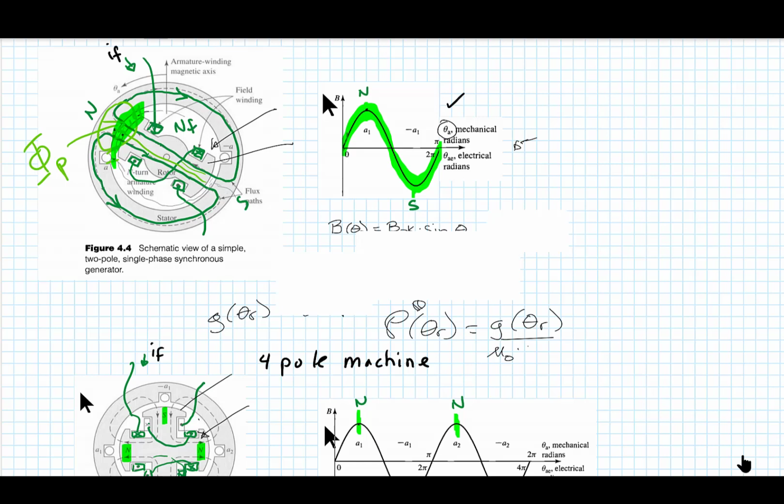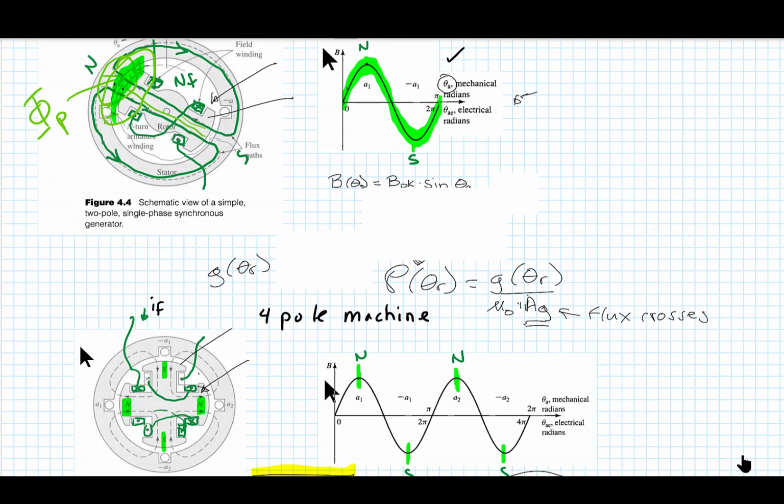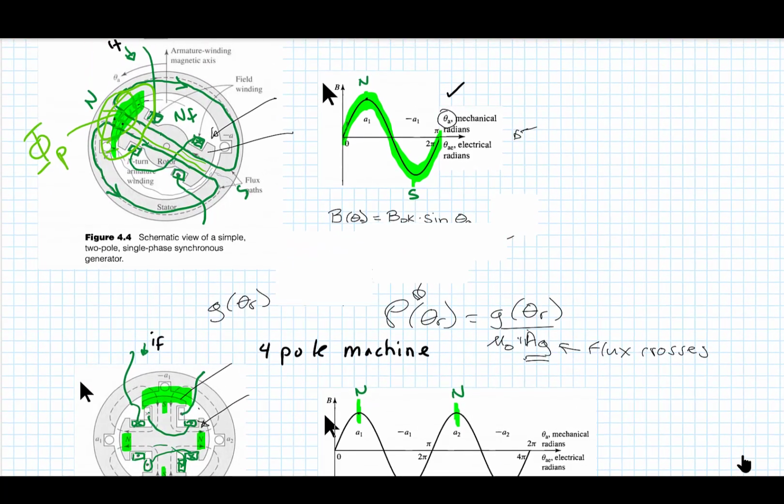The iron parts are infinite. And this would be the area that the flux crosses the air gap. So that is this area right here, or that area right there. That would be the permeance function we talked about in the last lecture.